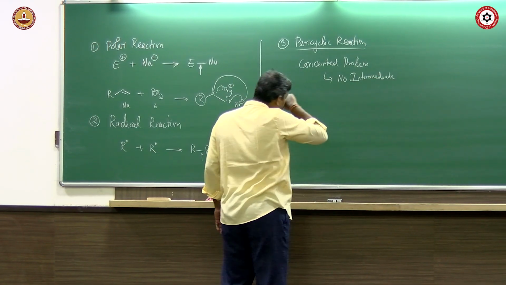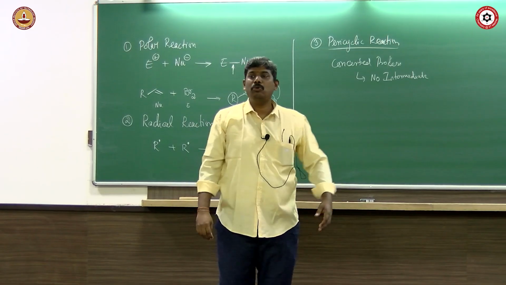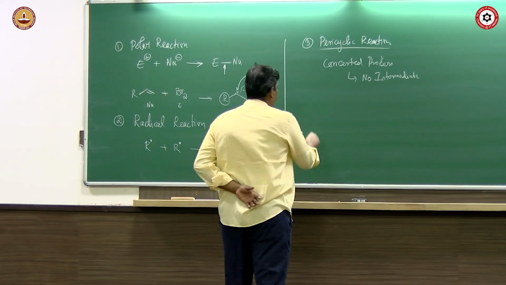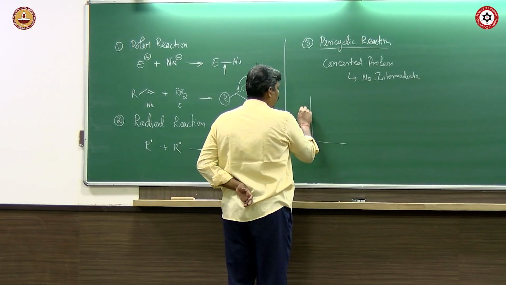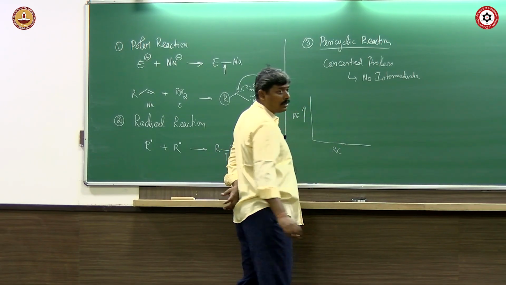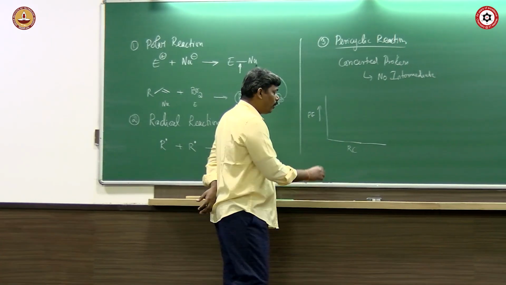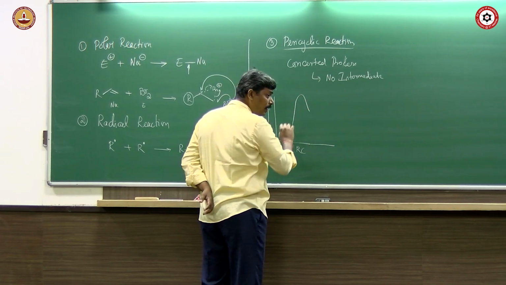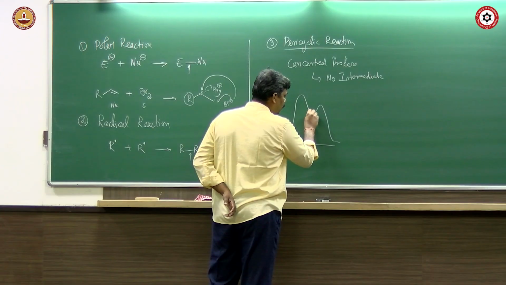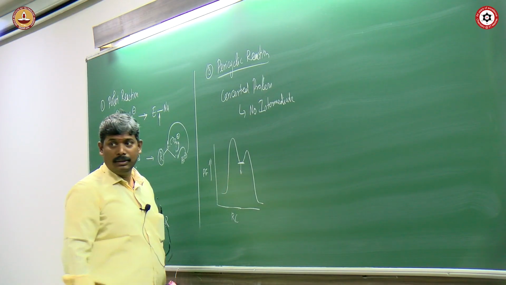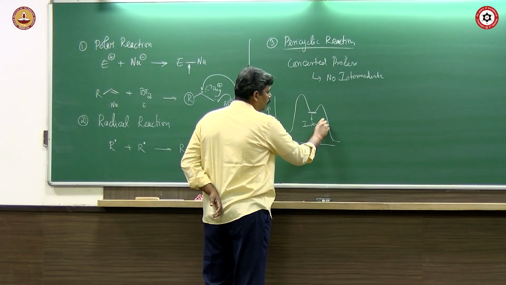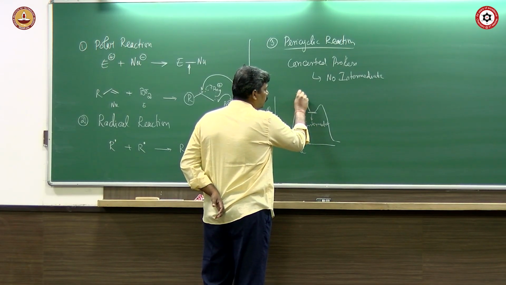In a typical reaction, for example an SN1 type reaction, if you remember a reaction profile, potential energy versus reaction coordinate, you go from a starting material to product, you would potentially have an intermediate formation and then a product formation. So this species you are looking at is an intermediate. Correct? No. So what about this?